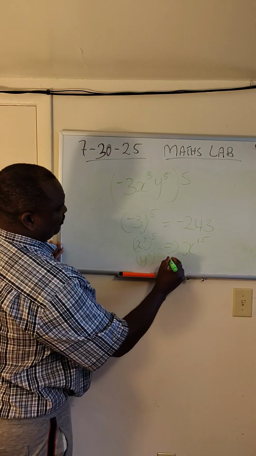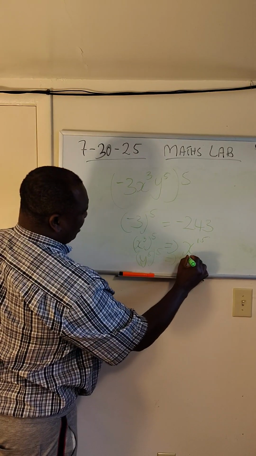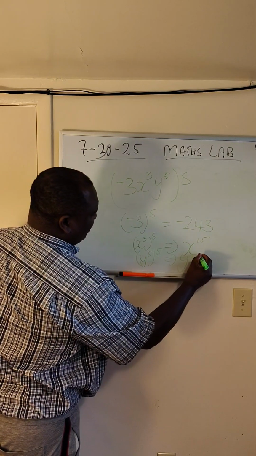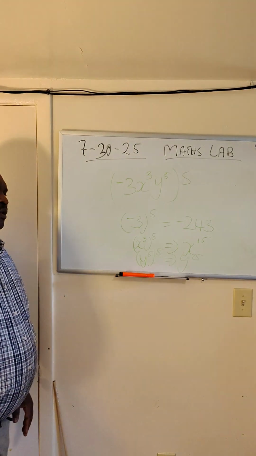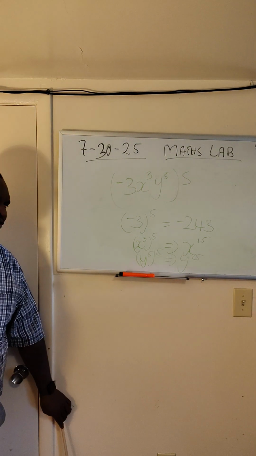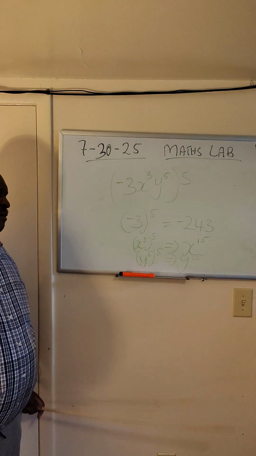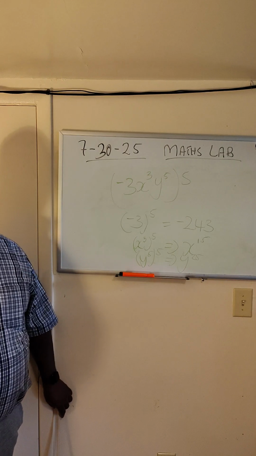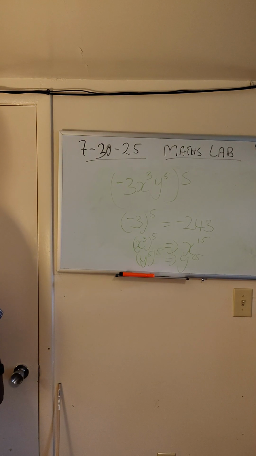We have y, and 5 times 5 is 25. Then we get y raised to the power of 25.